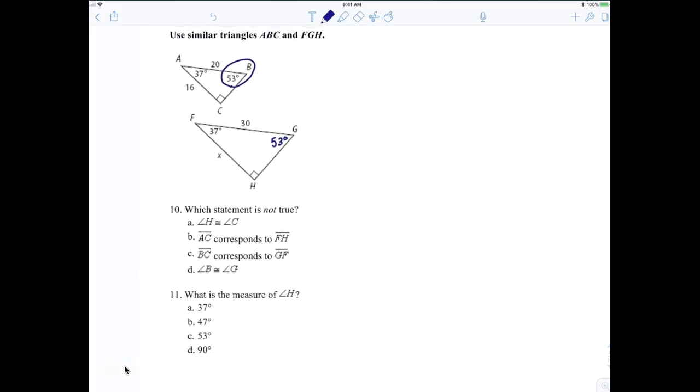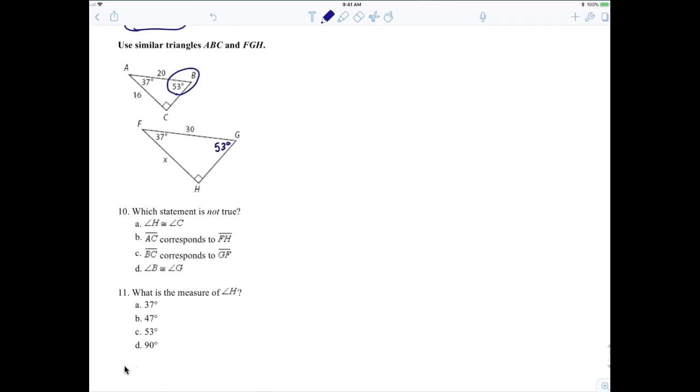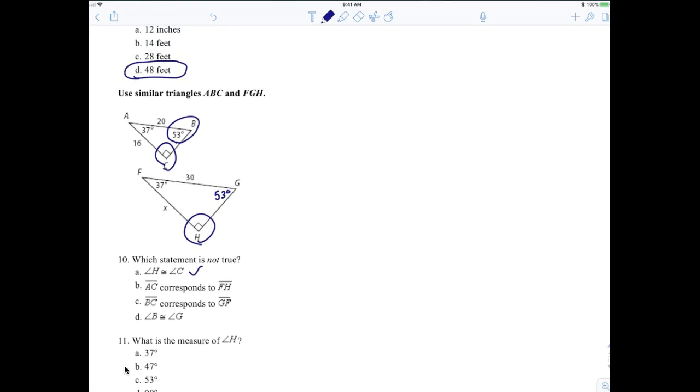All right, so now let's look at question number 10. It says, is H congruent to C? And the answer is yes, but we're still looking for one that's not true. Now look at the picture up here, guys.